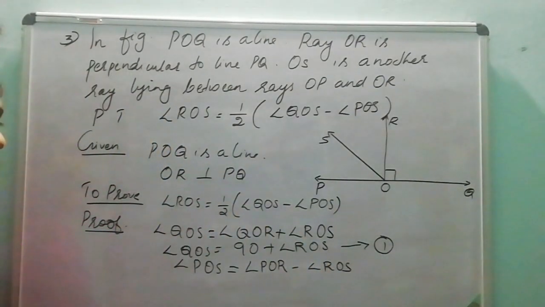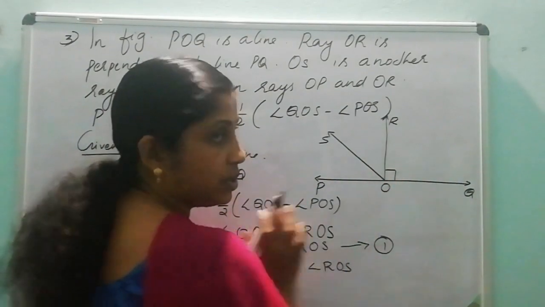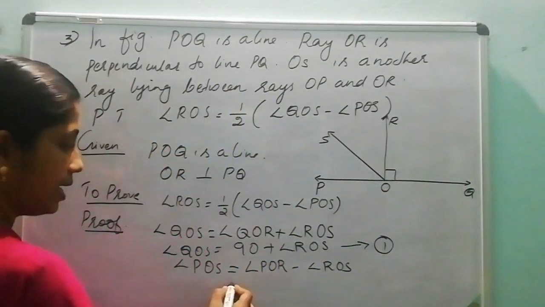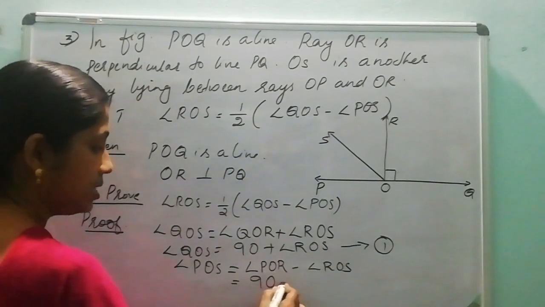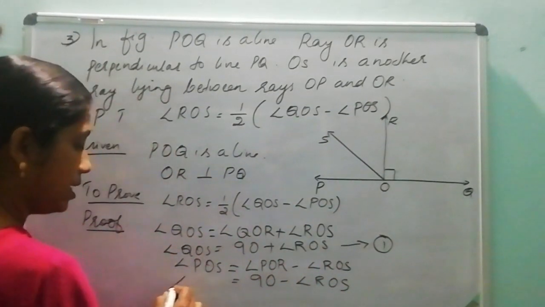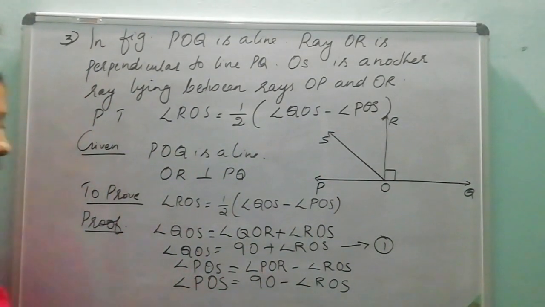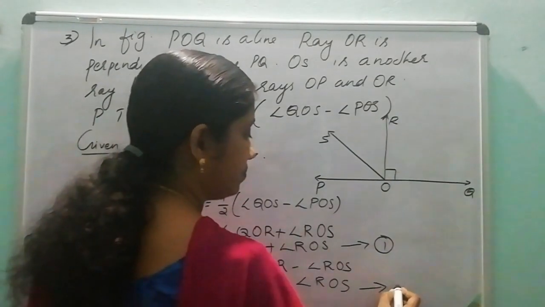Then what is angle POR? If this is 90 degree, this will also be 90 degree since POQ is a line. So angle POS is equal to 90 minus angle ROS. Take it as equation number 2.